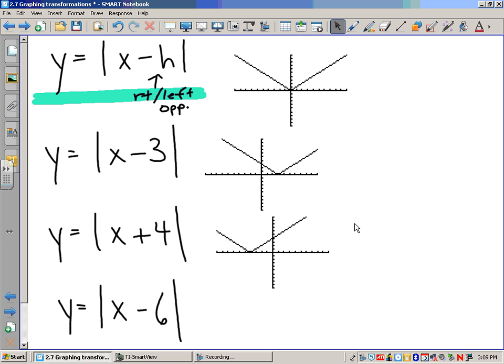A negative moved right and a positive moved left.